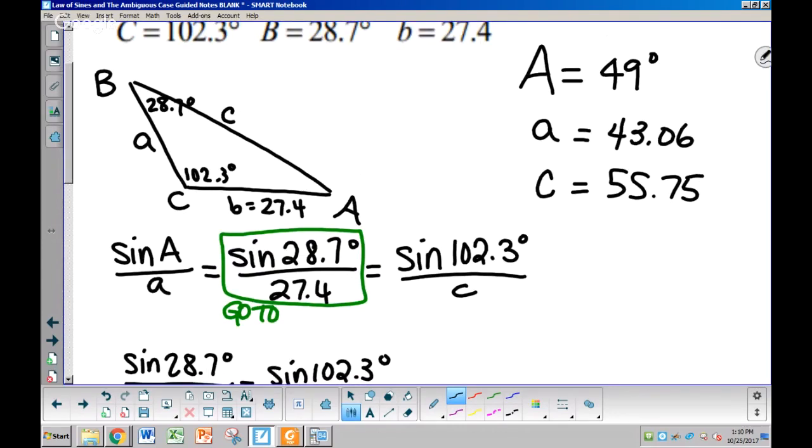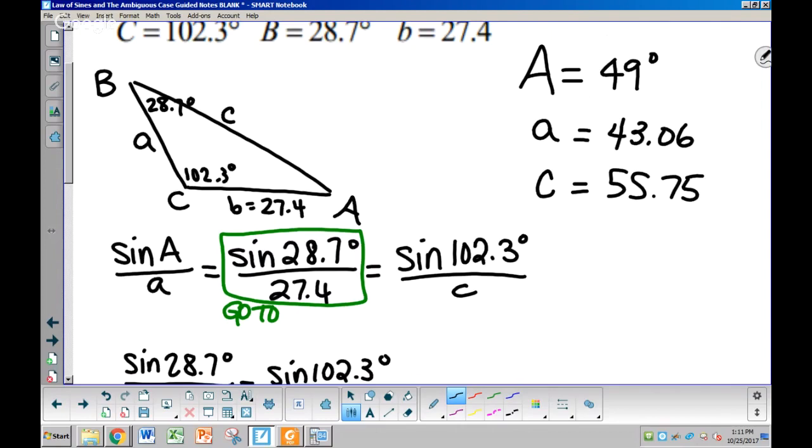Now, triangles are a lot like Goldilocks and the Three Bears. The Papa Bear angle, which is the largest angle, is going to be across from the largest side. The Baby Bear angle is going to be across from the baby length side, and the Mama Bear angle is going to be across from the Mama Bear side.